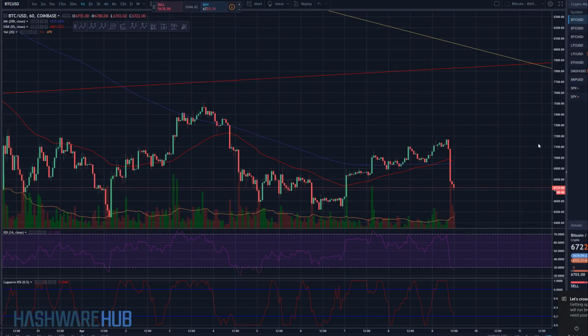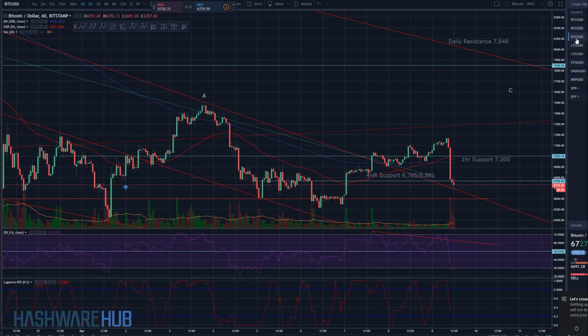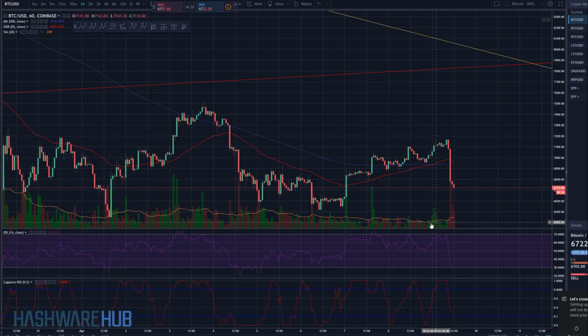Same thing with Coinbase. A fair amount of buy volume here, a lot more here, and a lot more here than what we had on Bitstamp, where there's nothing here. But again, what do we have? Divergence. I'm only going to connect these two, because I want to be consistent with what I did before.